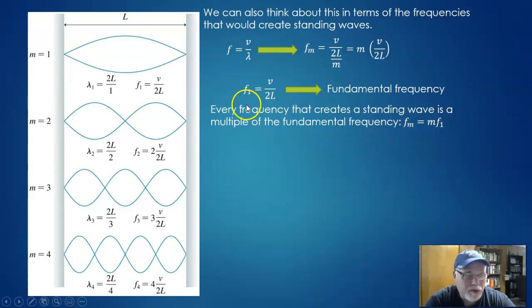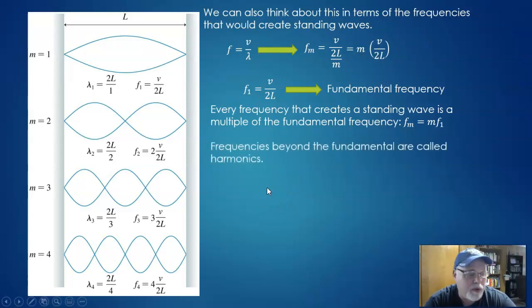So this fundamental frequency is really important. It kind of tells us what's going to happen each time. In fact, the frequencies are always going to step up by v over 2L each time, right? Because you can see that they're just multiples of that. Now, frequencies beyond the fundamental, we have a name for those. We call those harmonics.